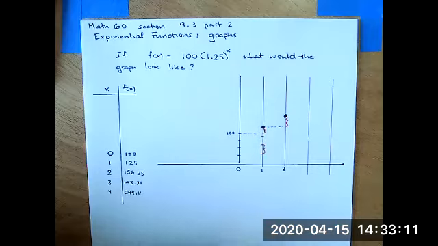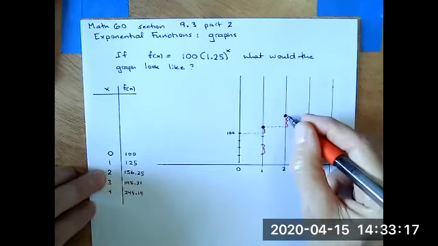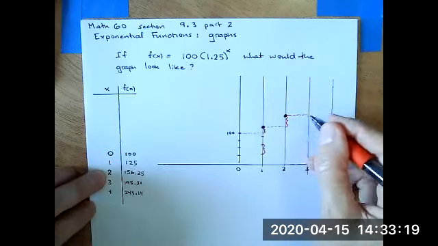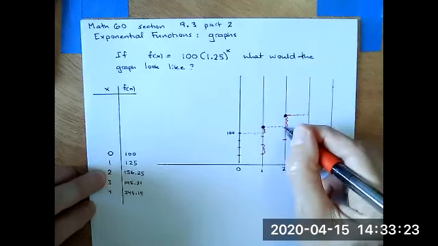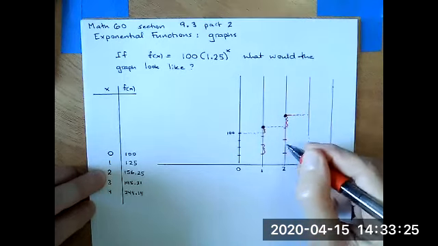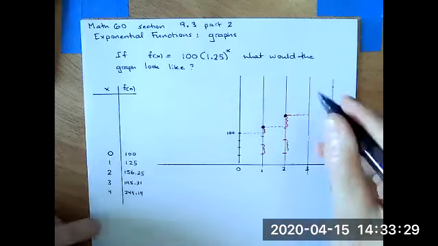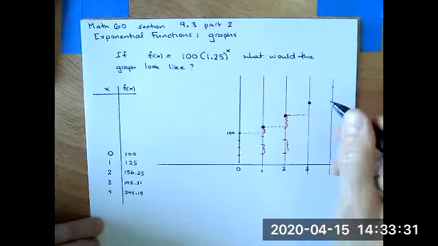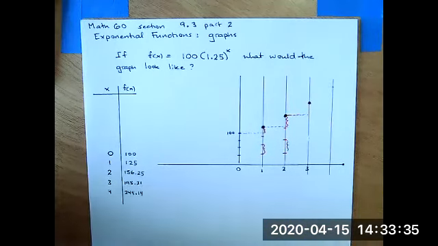And then after 3 years, well, you have the 156.25, but then you're adding 1/4 of that, which is 195.31.